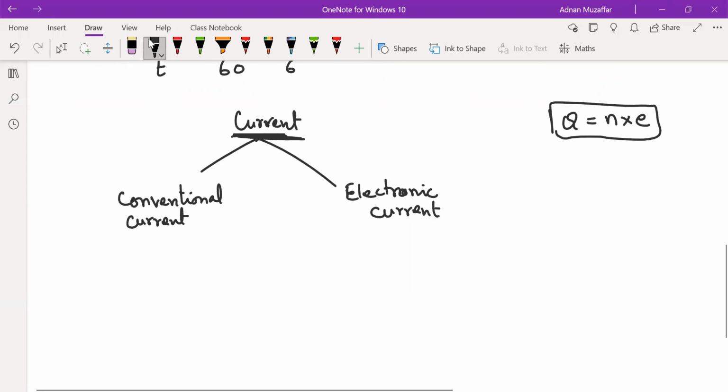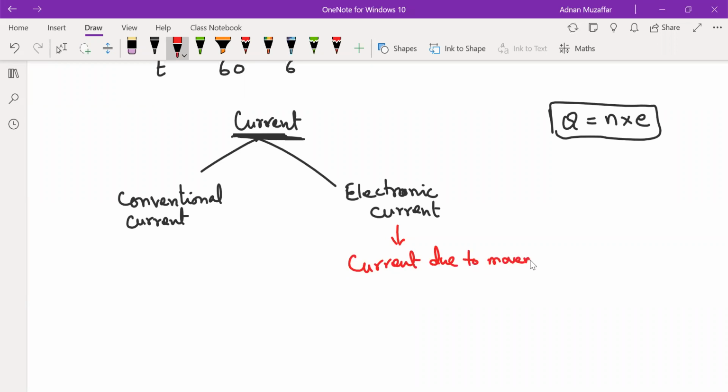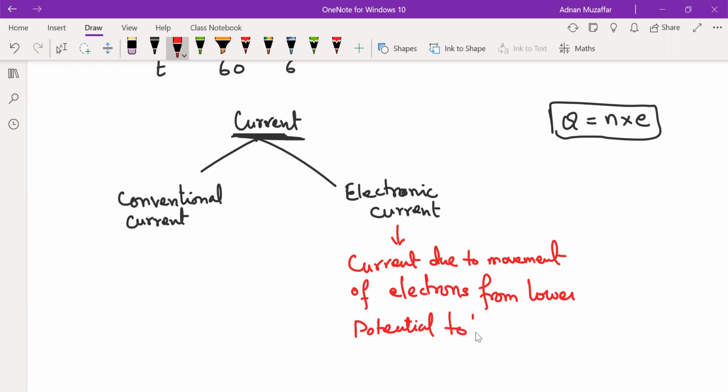So it means we can say that electrons always move from lower potential to higher potential point. So I can define electronic current as current due to movement of electrons from lower potential to higher potential.